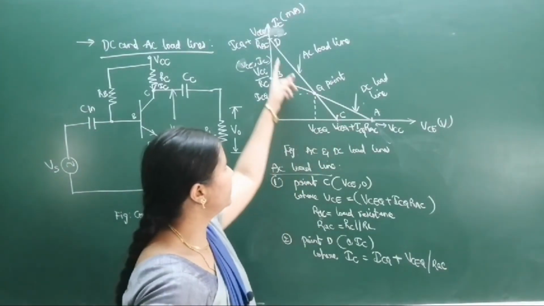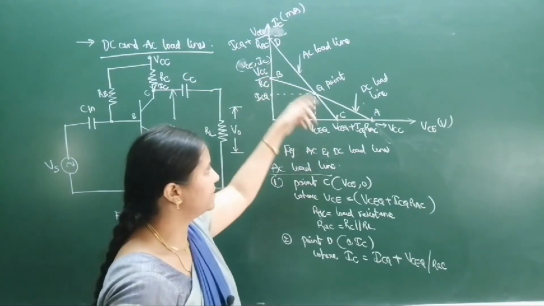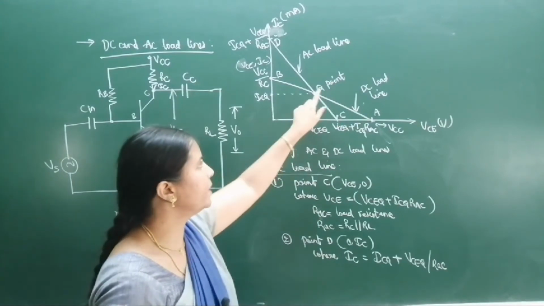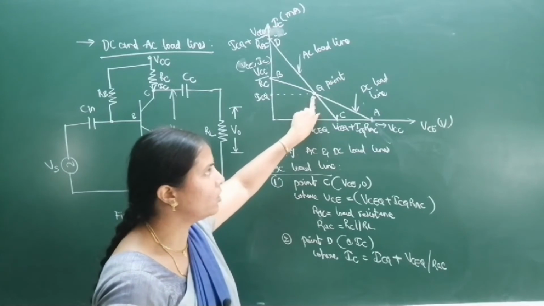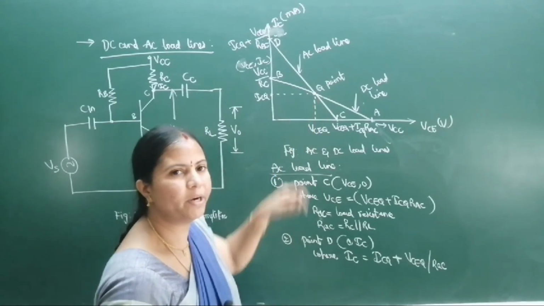So after drawing the DC load line at the points A and B, now we have to draw the AC load line. First, after drawing the DC load line, the operating point Q is located exactly at the middle of the DC load line at the zero signal biasing conditions. What is the operating point?